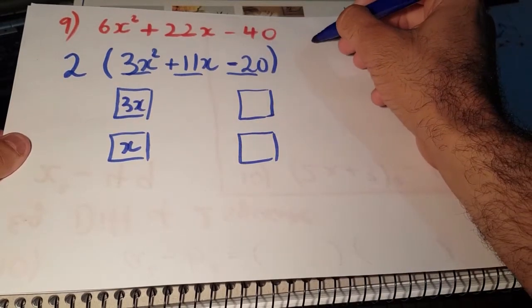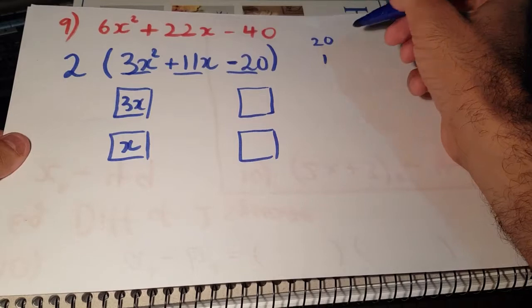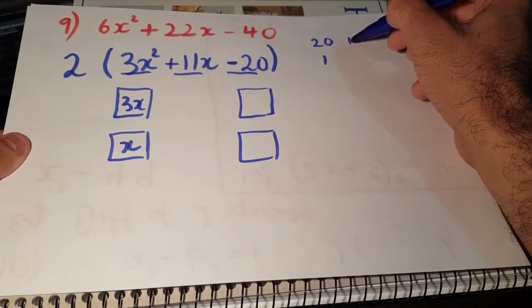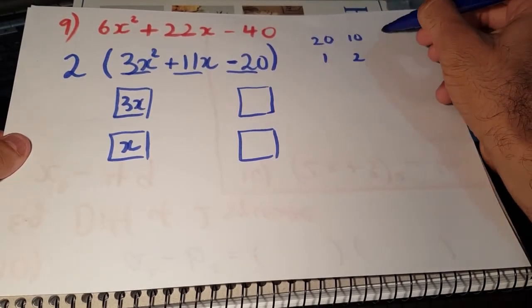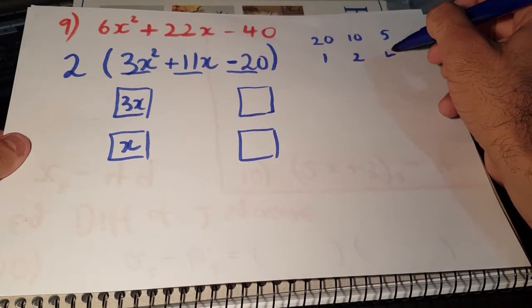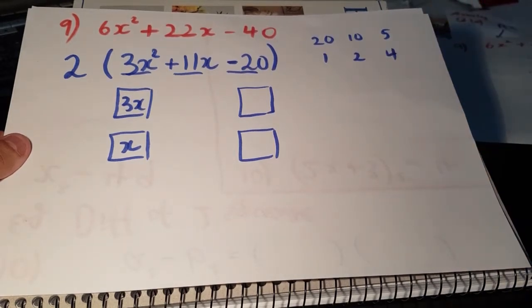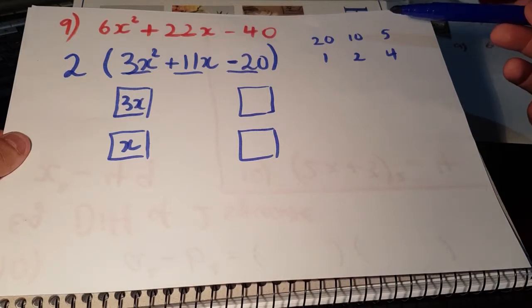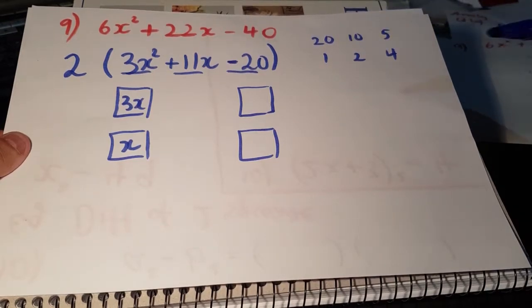You've got 20 and 1, 10 and 2, 5 and 4. So we have to find out which one it should be. Normally, I'm going to start with the middle one. I'm going to put 10 and 2 here.